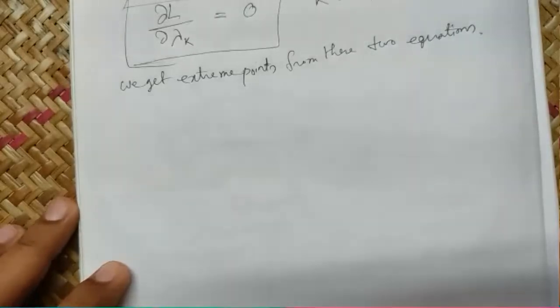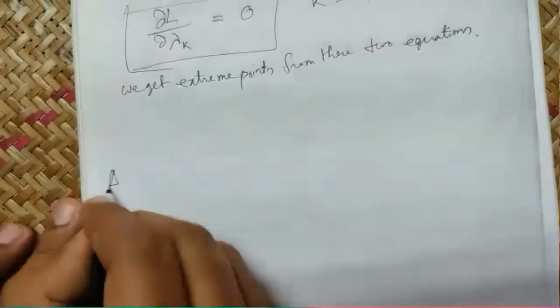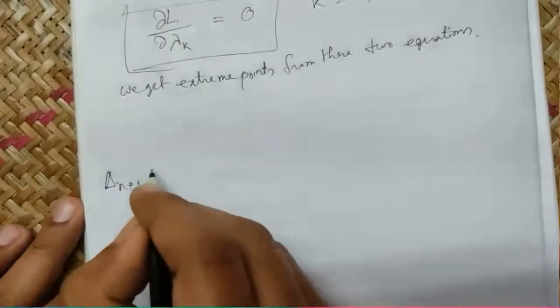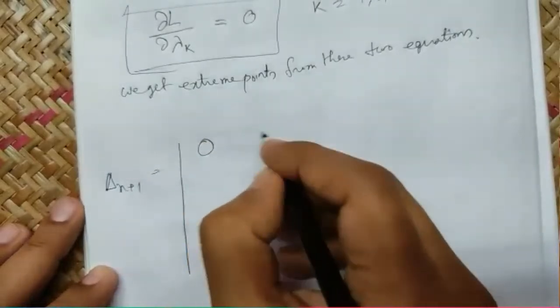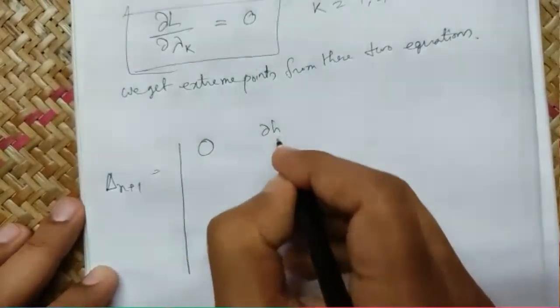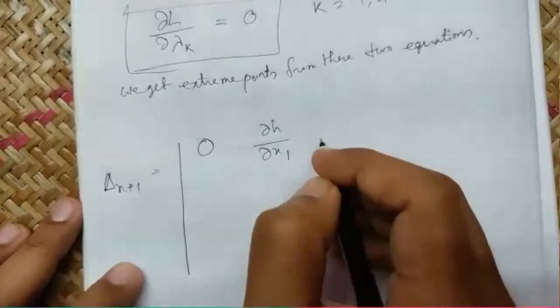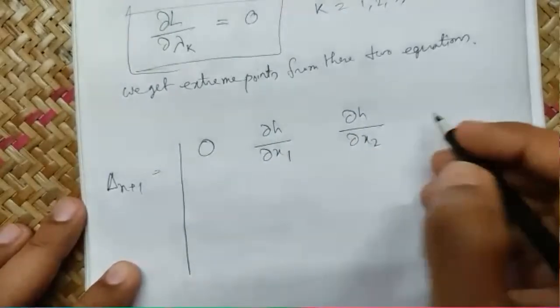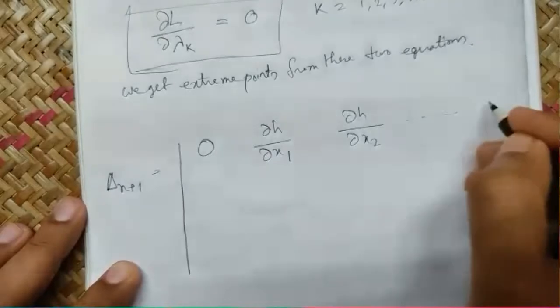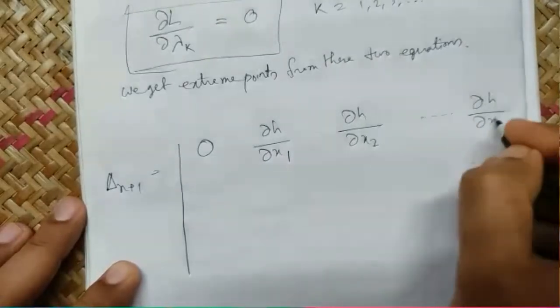Okay, now the matrix is like this: 0, del h del x1, del h del x2, and similarly it goes up to del h del xn.